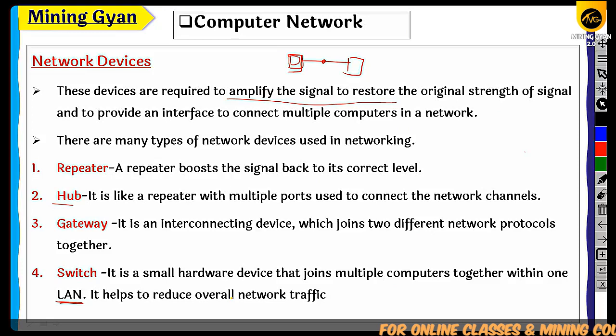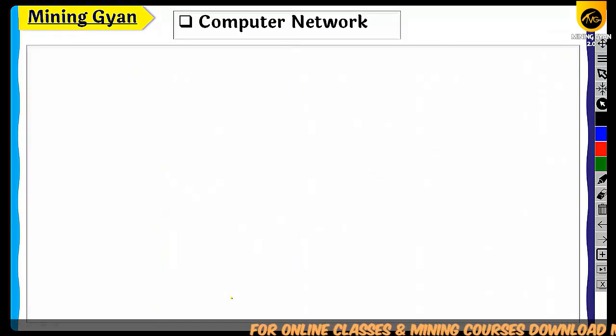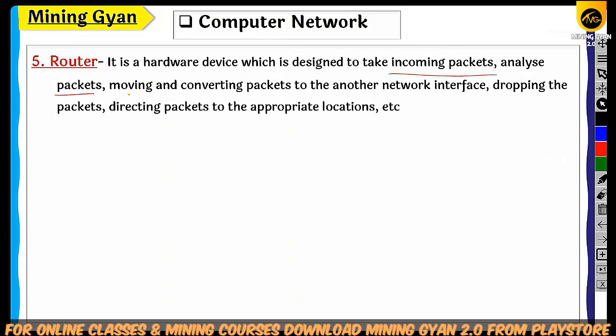Now the next one is the router. The router is the most important thing for computer networking. It is a hardware device designed to take incoming packets, analyze packets, move and convert packets to another network interface, drop packets, and direct packets to the appropriate location. So basically, a router is a device used for multiple operations.